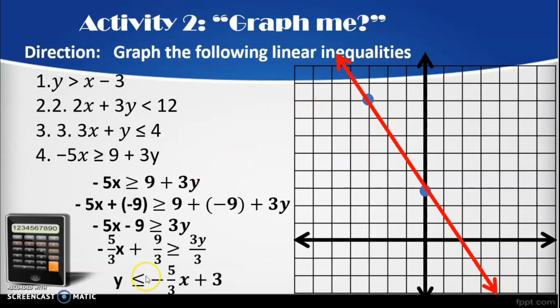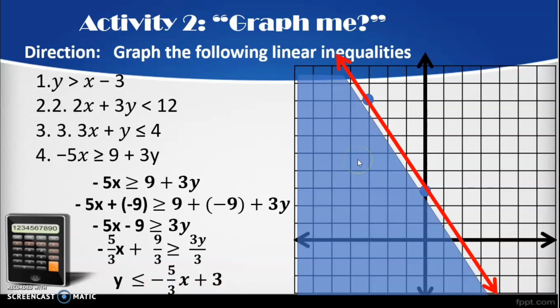Since we have less than or equal to, our graph must be below the line. Okay, so this is now our graph of our inequality, negative 5x less than or equal to 9 plus 3y.